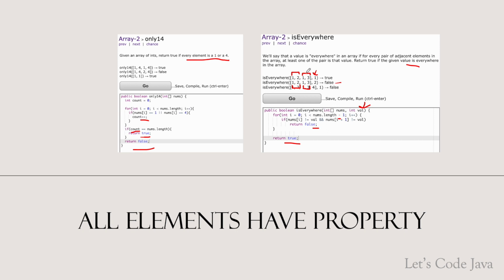If for every pair in the set of numbers, at least one of the numbers in the pair is this value right here. And so the way I do it is, I loop through all the values and I'm like, okay, if the first value is not equal to this number and if the second value is not equal to this number, return false. And if it is, then return true.